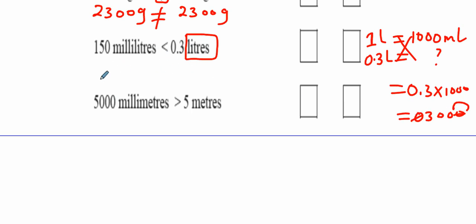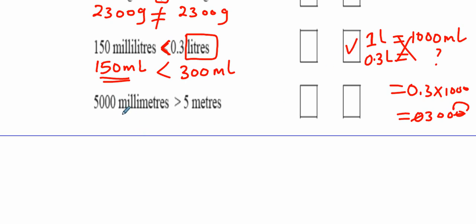Now we are comparing 150 milliliters with 0.3 liters, which is the same as 300 milliliters. Now we are comparing 150 and 300. Here it is said this number is less than this number. Is that true, 150 being less than 300? No. So you take false.